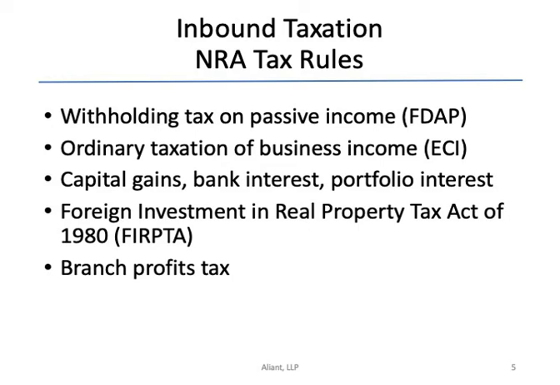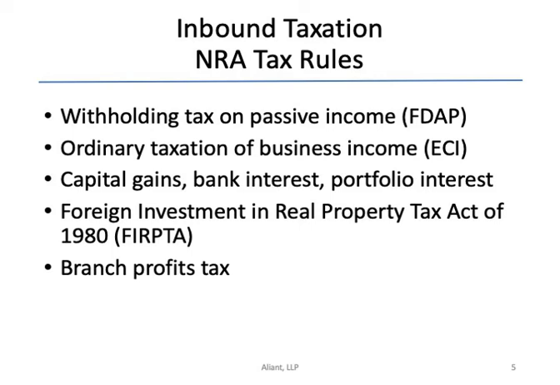Then we have capital gains. Capital gains is kind of unique. There's always been, or for a long term, has been a policy of U.S. Congress to encourage foreign capital investment in the United States. So foreigners are not taxed on U.S. capital gains unless it's a capital gain from the sale of real estate.